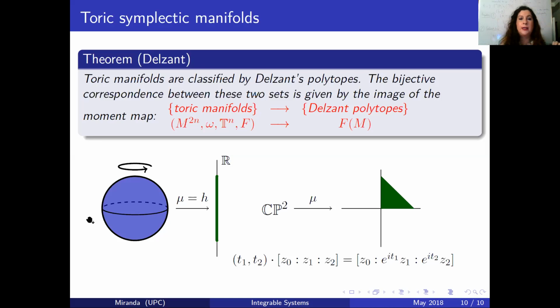And the torus action is given here below. t1 and t2 are components, so I look at T2 as a product of two S1s, and t1 is a coordinate on one of the circles, t2 is a coordinate on the second circle. These are homogeneous coordinates on CP2. Z0, Z1, and Z2 are three complex numbers, and I can multiply with the exponential of A. This is a perfect toric action.